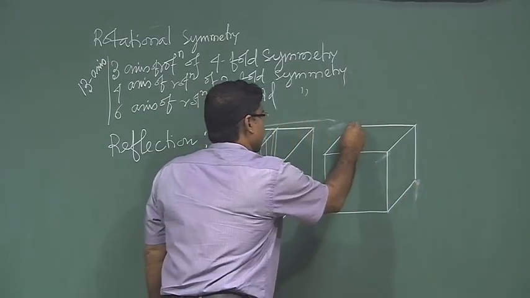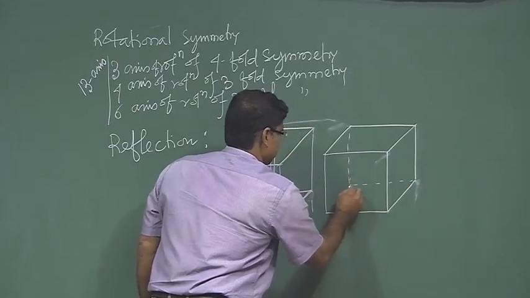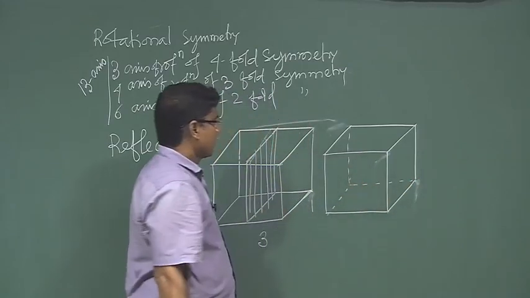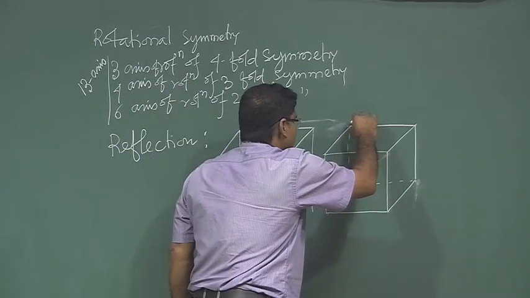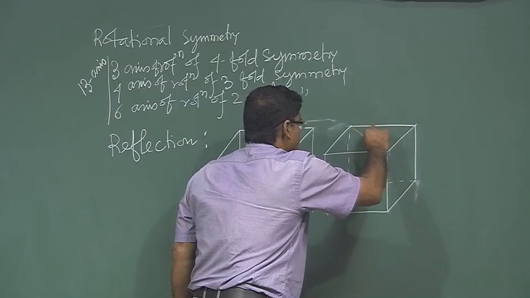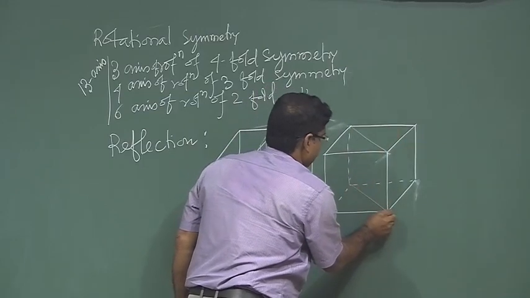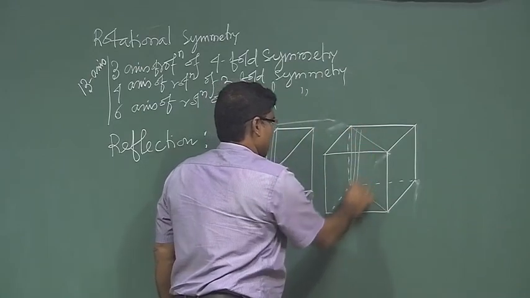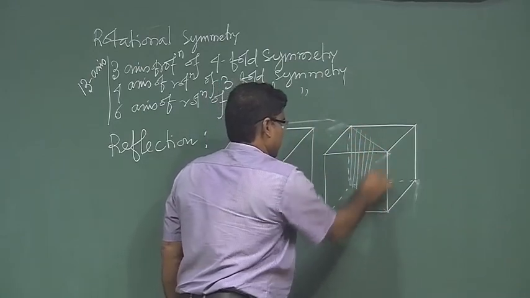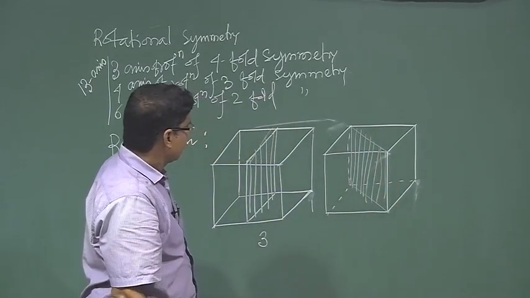This is the plane through the body diagonal.